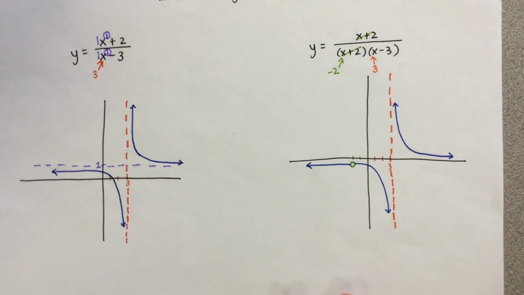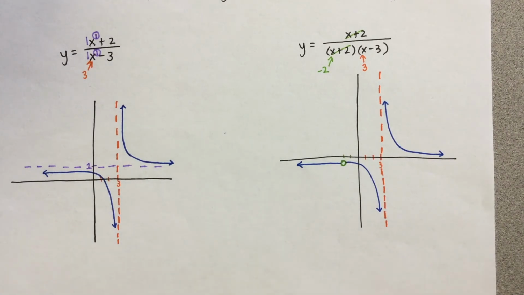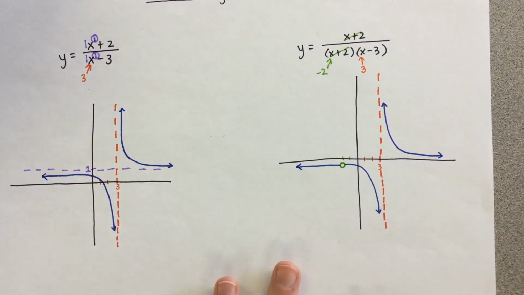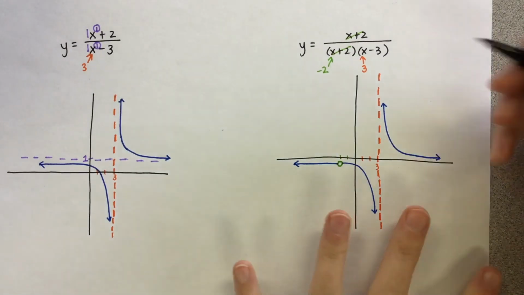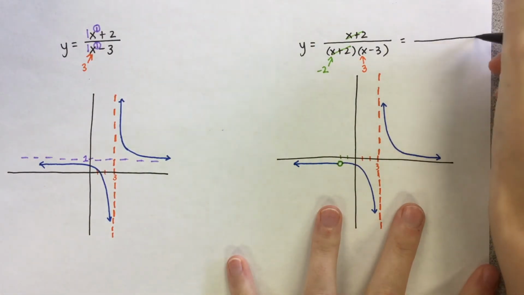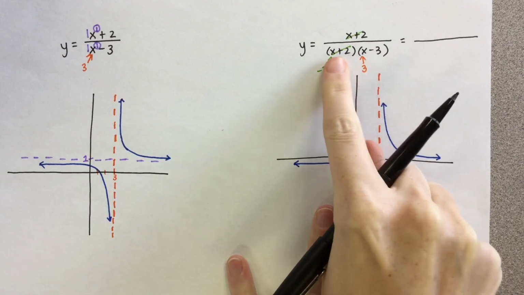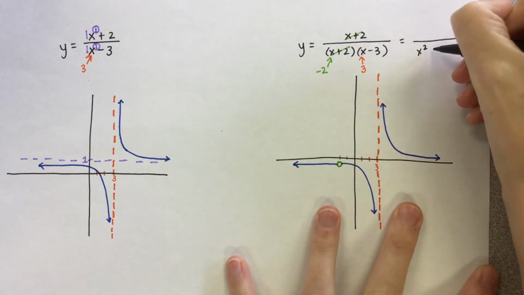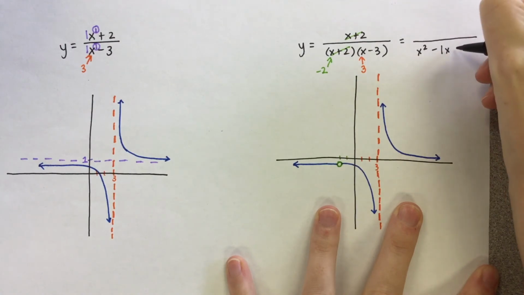And then this graph. So again, we need to consider the degree of the numerator and denominator. And we're going to look at the original equation, so before we had canceled things out. And I could rewrite this equation with the denominator multiplied together. So if I multiplied these, I would get x squared minus 1x minus 6.